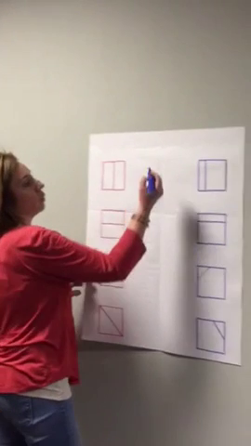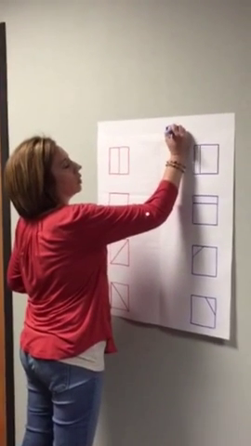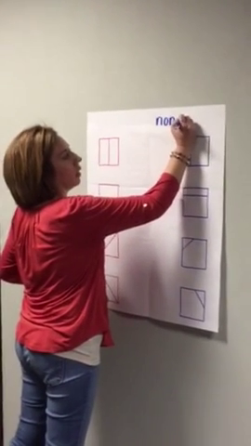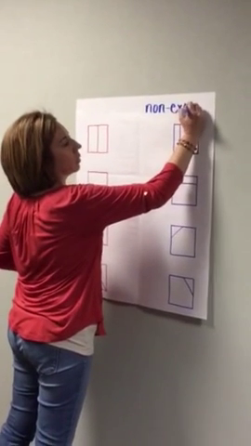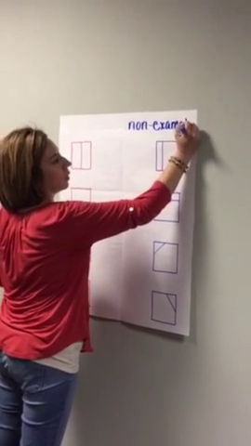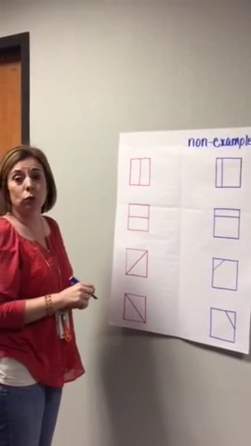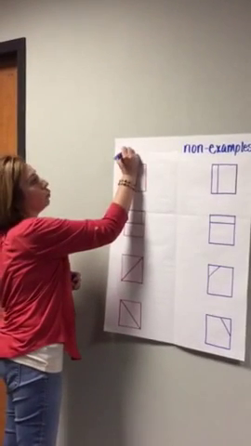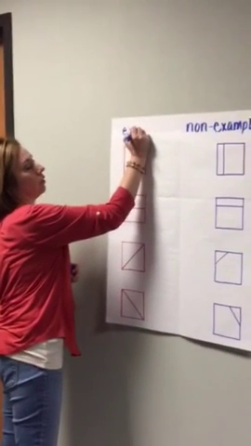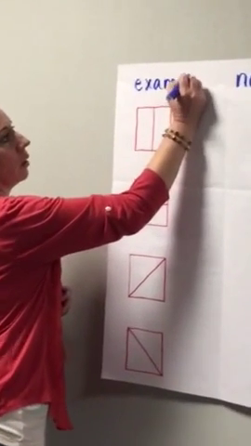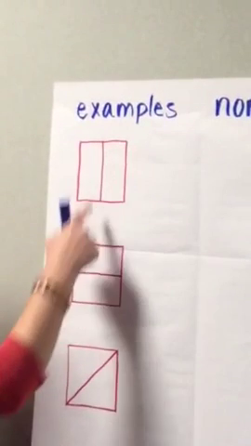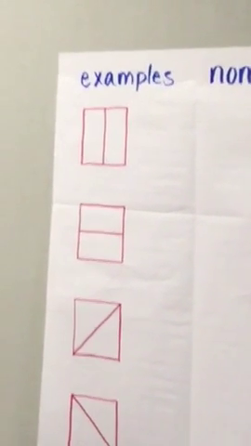So all of these would be what we consider non-examples because they are not partitioned into two equal pieces. These would be examples of halves because all of the red squares are partitioned into two equal pieces.